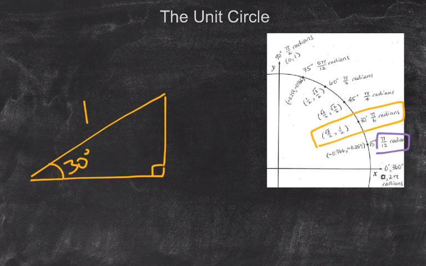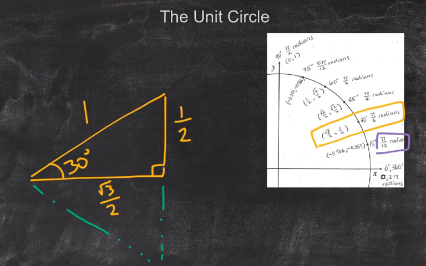So if I turn this into my equilateral triangle, I can see that the height would be 1/2, because it's going to be half of the original equilateral side length. And then this leg here is the square root of 3 over 2, because it's the square root of 3 times bigger than the other side leg.